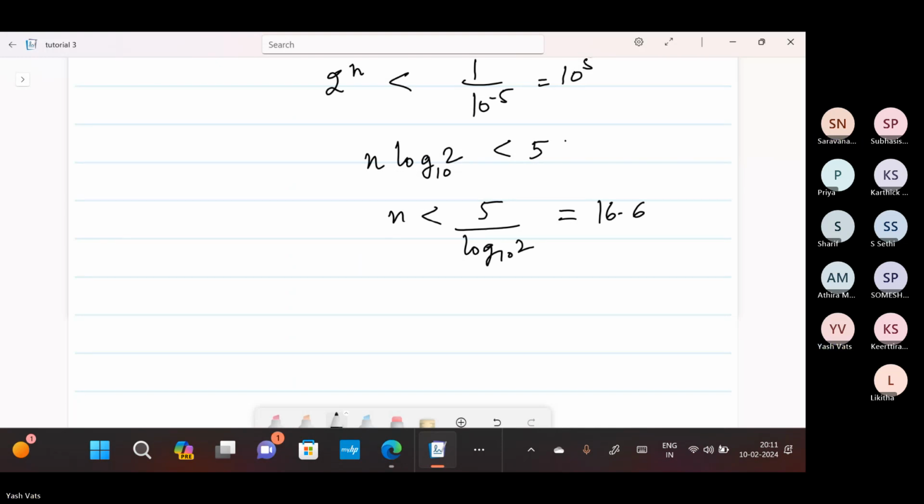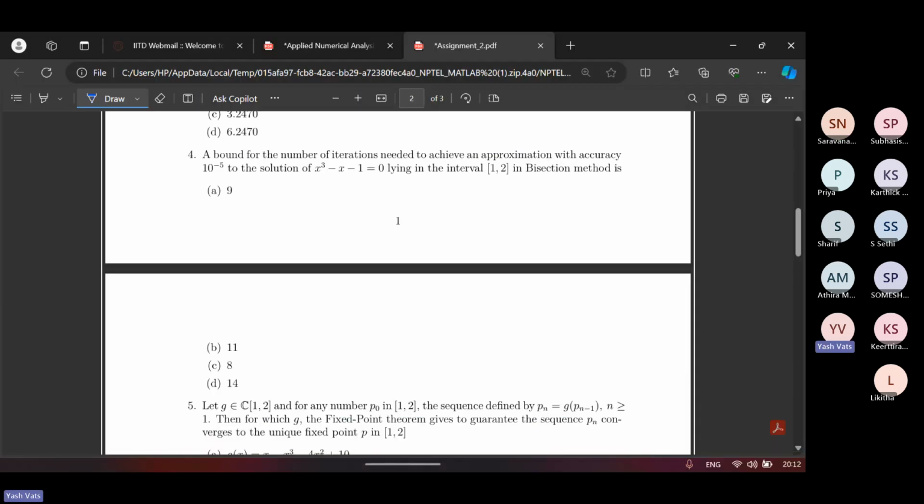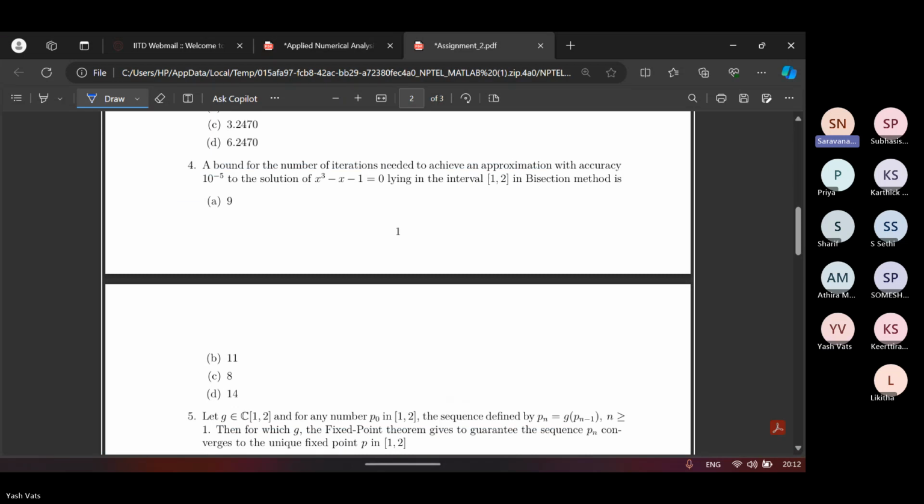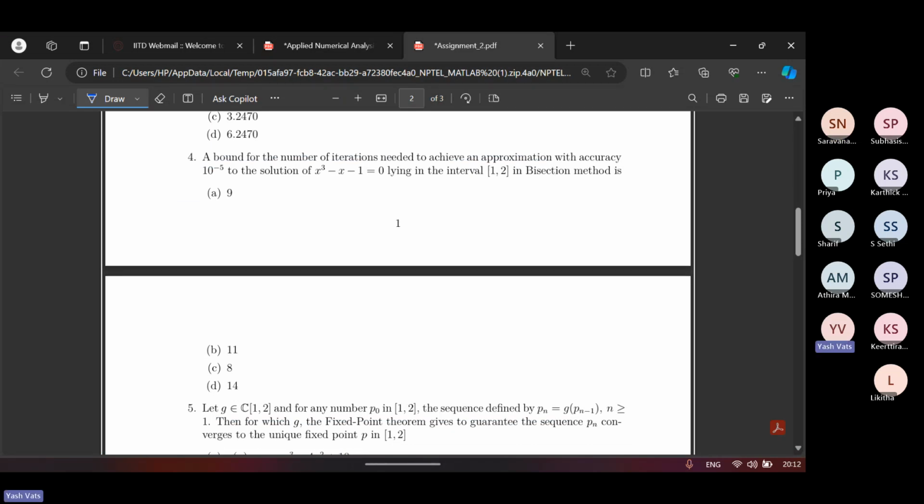Log base 10 of 2 is 0.3, and 5 divided by 0.3 is 16.66. Yes, it is 16.609. So there is no bound here, I think there is some problem.